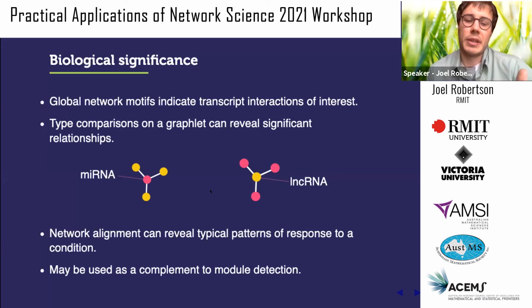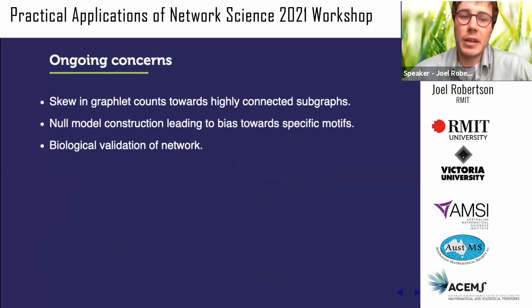And lastly, we think that the graphlet counting approach can actually complement module detection, helping form these communities that then imply functions. I did want to have some results to show today, but they're preliminary, and there are still a fair few issues that mean they would not be that informative yet. We're still getting a high skew in our graphlet counts towards highly connected subgraphs, which is associated with the problem I mentioned before with the co-expression measure.